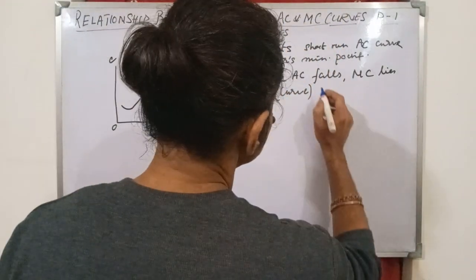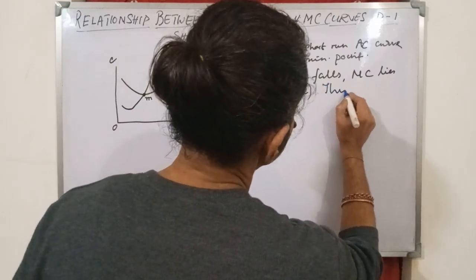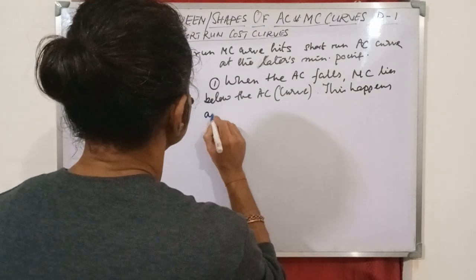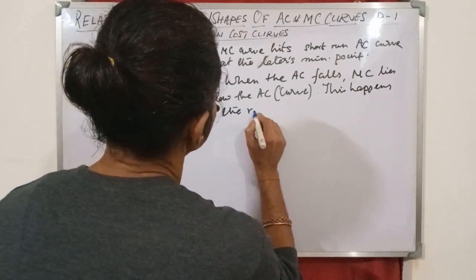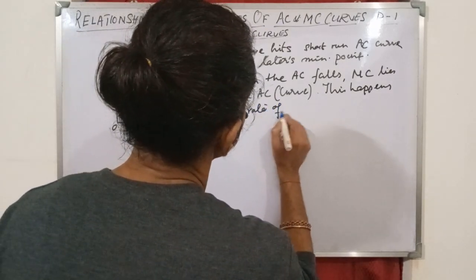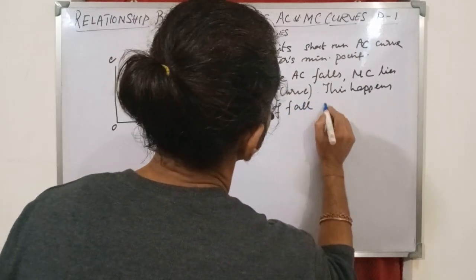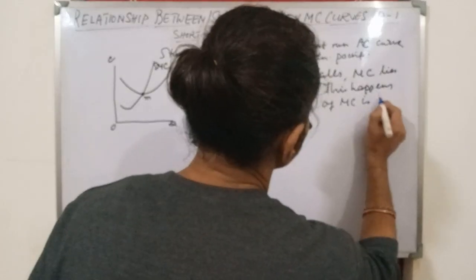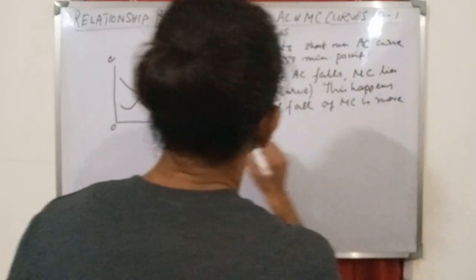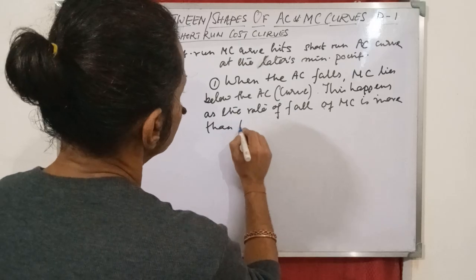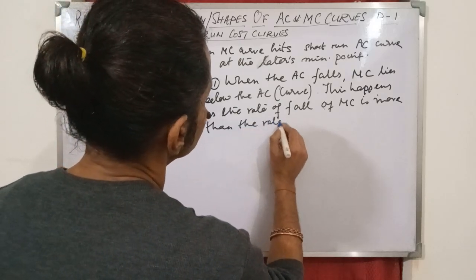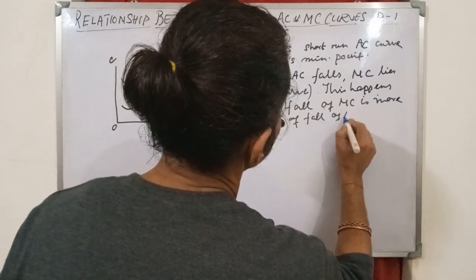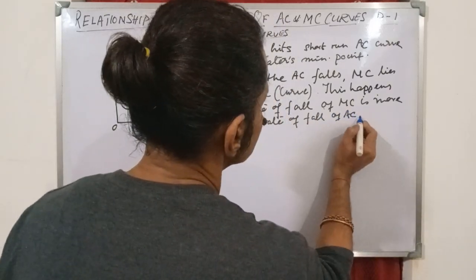And why does this happen? This happens as the rate of fall of marginal cost is more than the rate of fall of average cost.